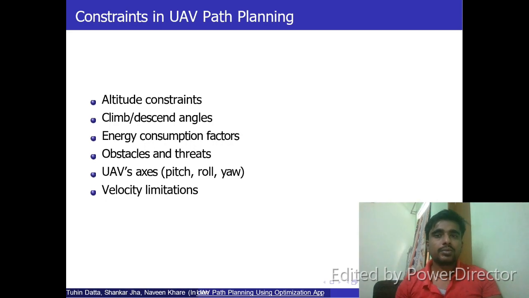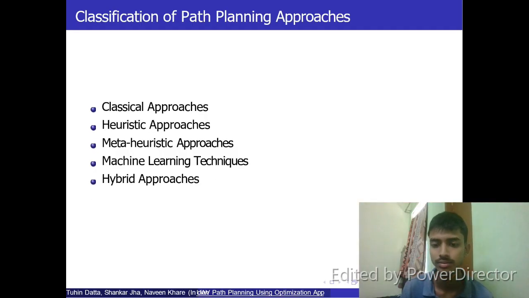Now, I will hand over to Tuhin Datta, who will discuss the classification of different path planning approaches. Thank you, Shankar Kumar Jha. I will be discussing the classification of different path planning approaches.